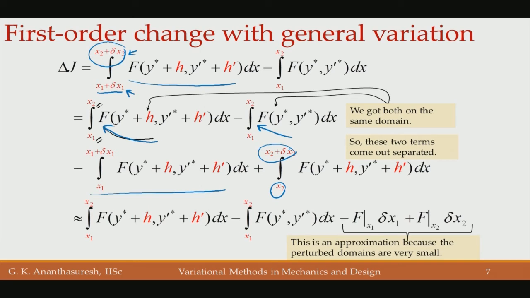Now is the critical thing, very simple but very important. If you look at these limits, it is going from x1 to x1 plus delta x1, which means it is going over a very small distance delta x1. Because of the small distance delta x1, we can simply write that portion as f value at x1 times delta x1.